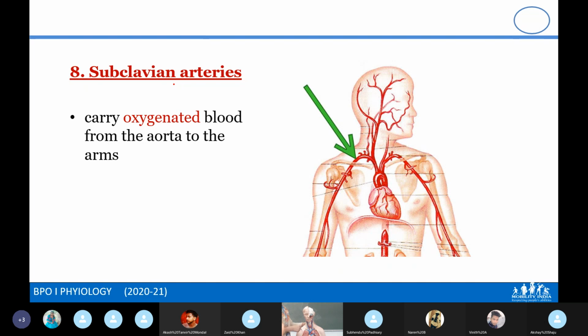So now, to the upper extremity, there comes an artery which is not mentioned in this system, but you can see the subclavian arteries, just below the clavicle bone. Where is the clavicle bone? If you see in this diagram, here is the clavicle. The vessel from the arch of aorta which is going up is the carotid.